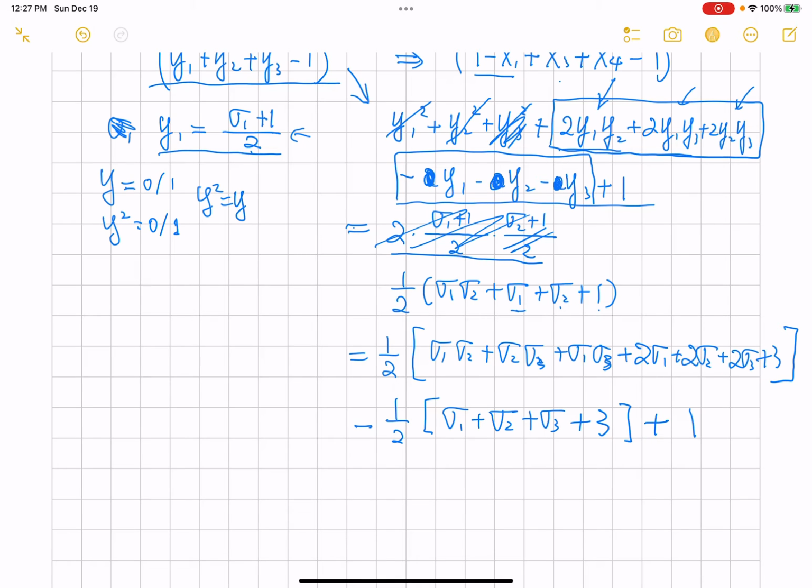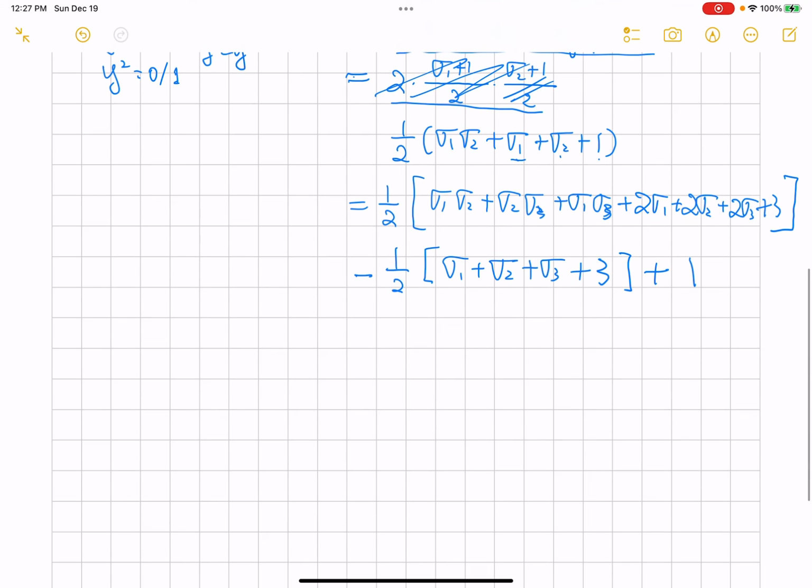Okay, so now I'm translating to spins. And I can just collect terms. This will in the end be 1/2 of the cross terms. I'm going to write it for easier, and then plus 1/2.